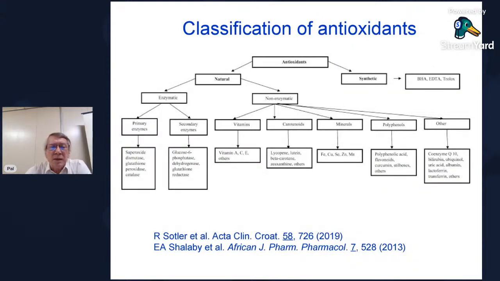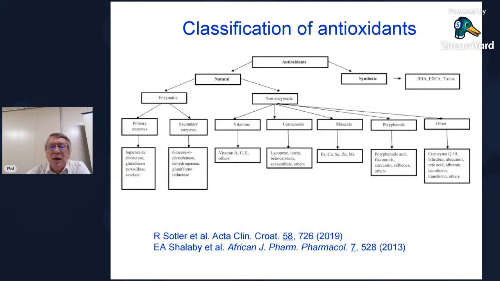This big table summarizes the classification of antioxidants. Let's try to make it small units. When we are talking about antioxidants, we can distinguish natural antioxidants and synthetic antioxidants.